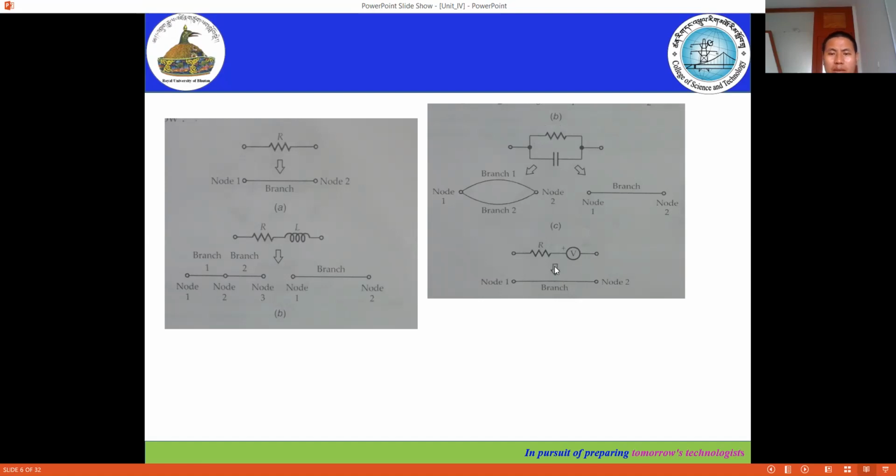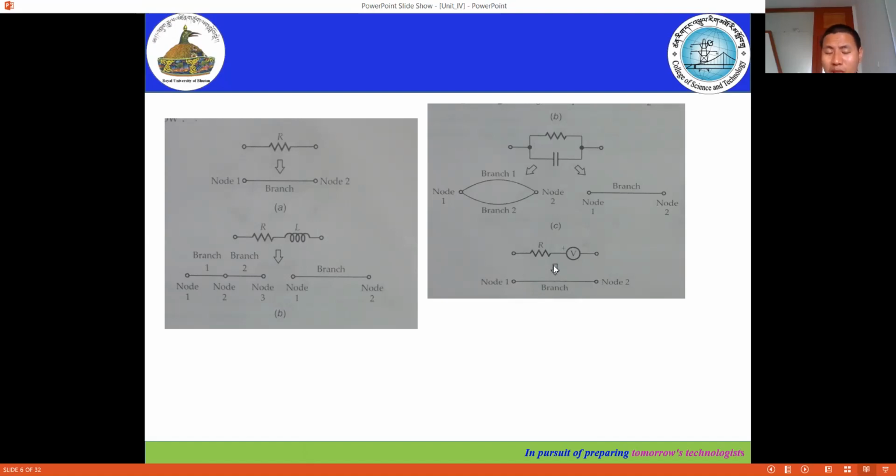And then for the voltage, when the resistor is connected in series with the voltage source, or again we have the current source. Okay, first we are going to discuss it with the voltage. Now for the resistor connected in series with the voltage source, we have to think of the internal impedance of this voltage source. So for the voltage source, we are going to replace it with a single line, a short circuit, which means for the R connected in series with the voltage source, we have to replace it with the single line diagram.